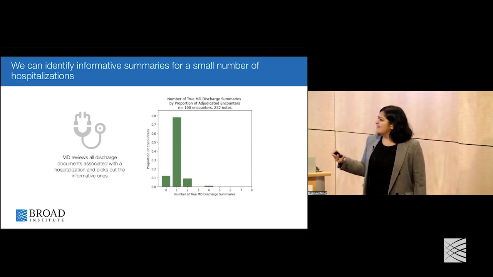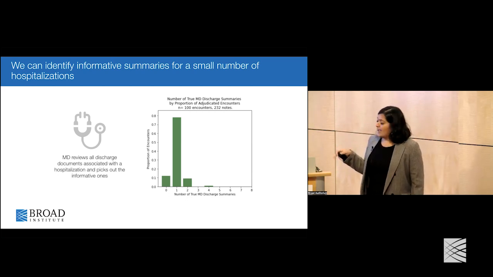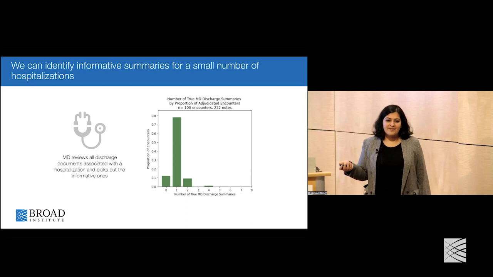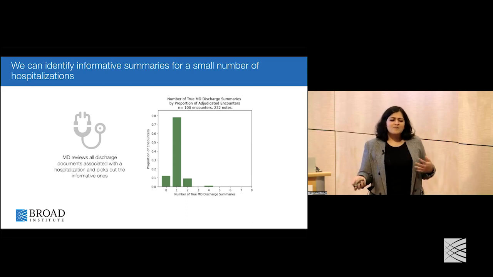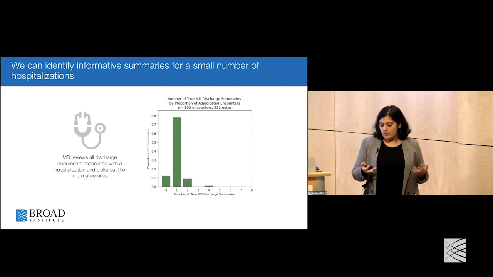Then like 80% of the time, there's only one, which is great. And then there's a tail for having additional informative discharge documents. This has to do with hospital or time error, a whole bunch of stuff.